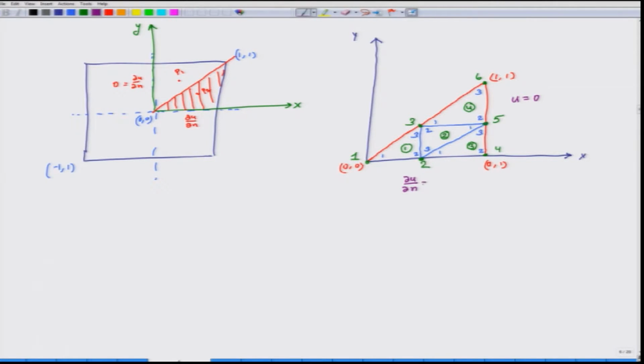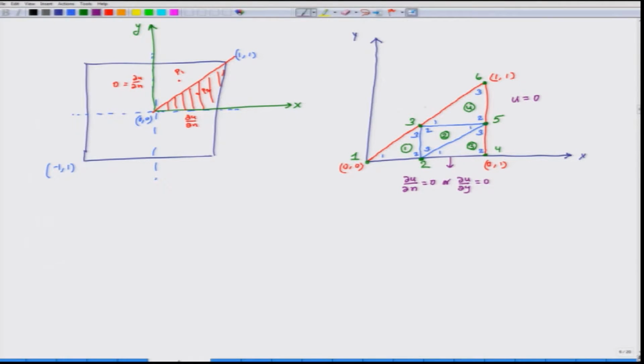Del u over del n is equal to 0. In this case the normal direction is y, so I can also write it as del u over del y equals 0, which means that the flux or the gradient of u, which in this case could be temperature, is 0.